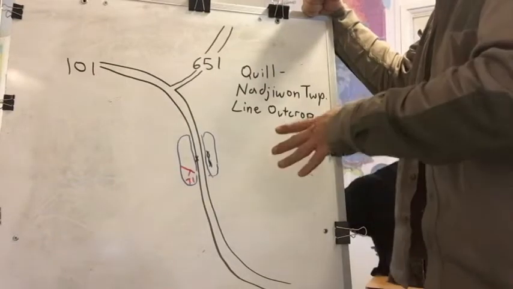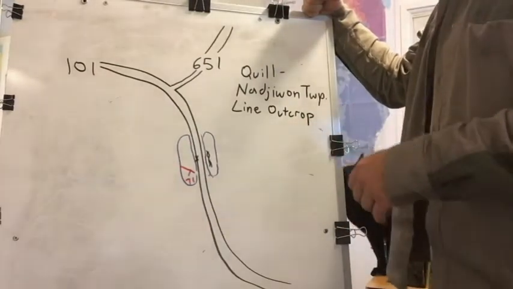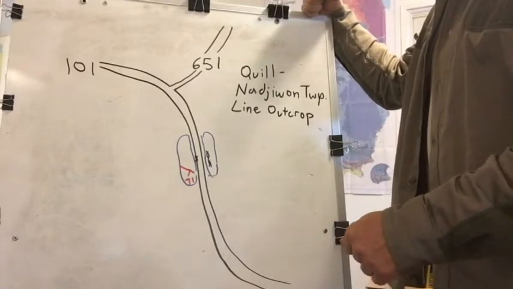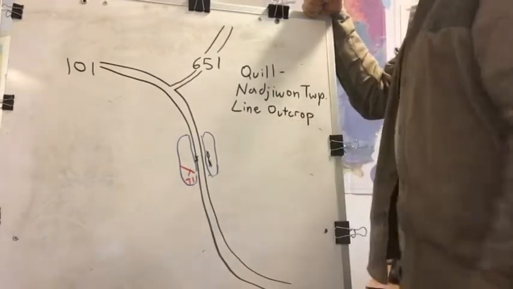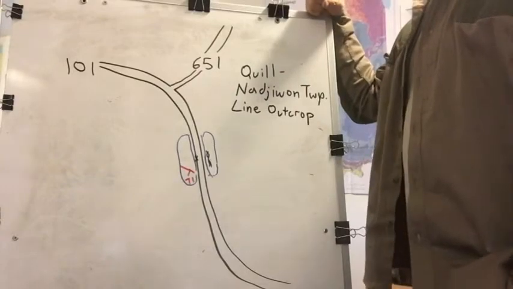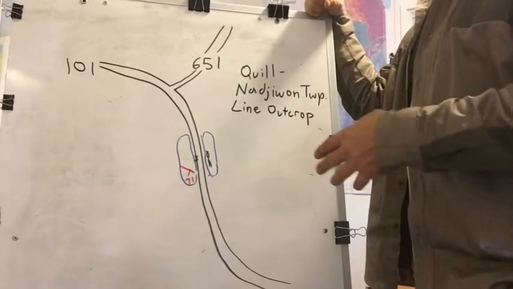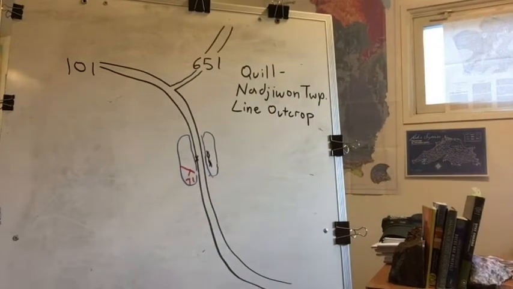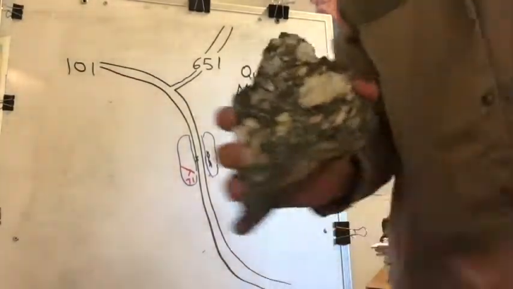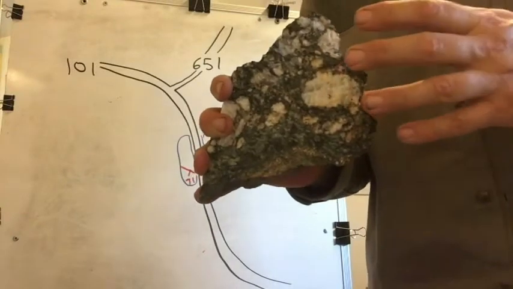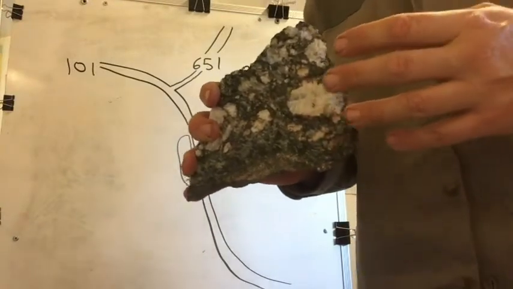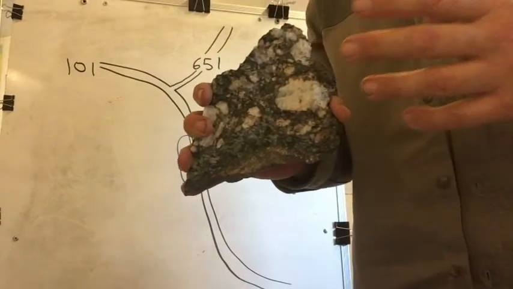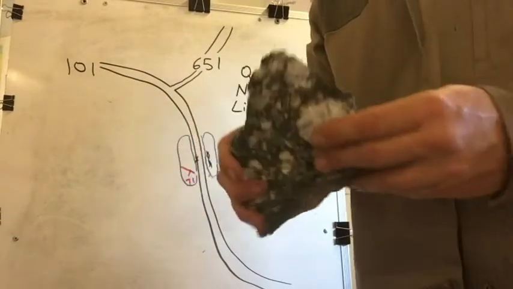So that's what I think was going on with the rock, the dike I showed you, the pegmatitic rock sample. I just wanted to do this to show you how you can take a simple rock, look at its mineralogy, figure out chemically what was going on here, and plot it, do some investigative work.